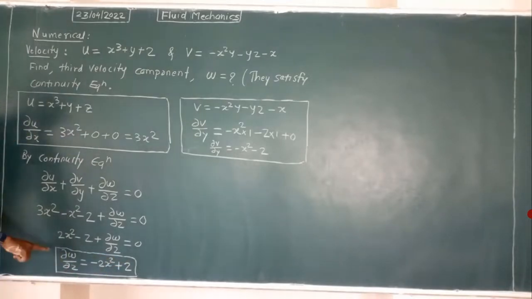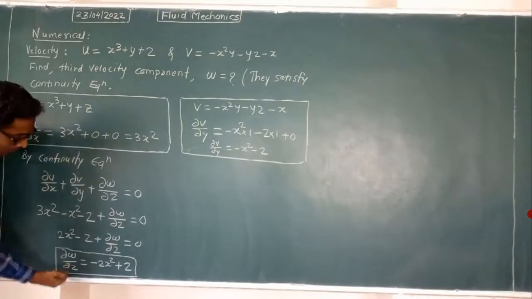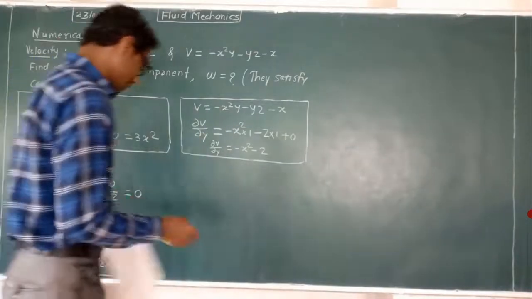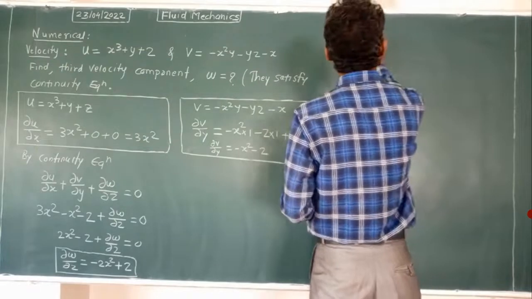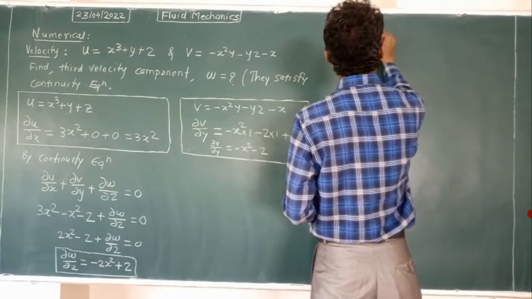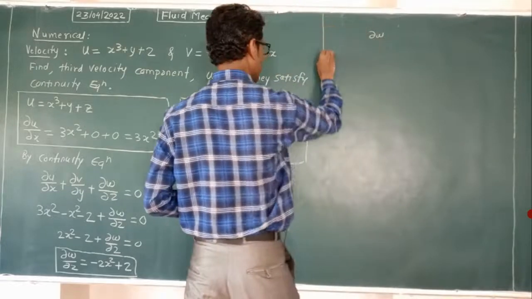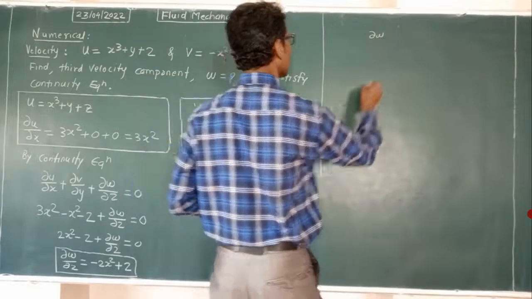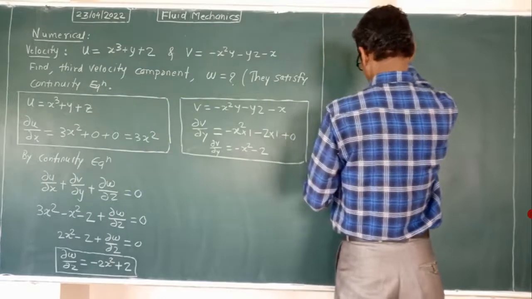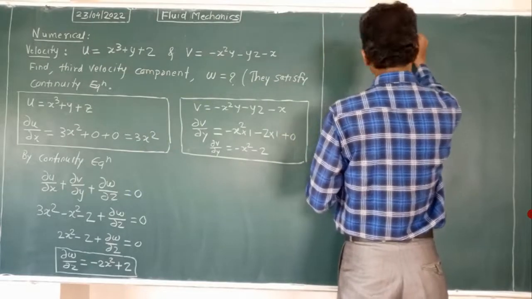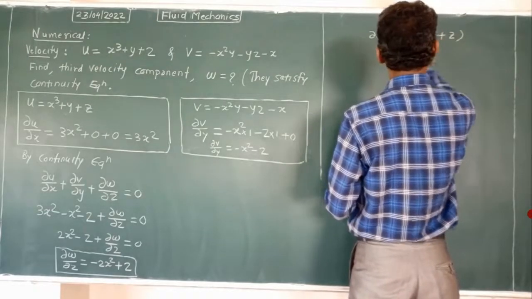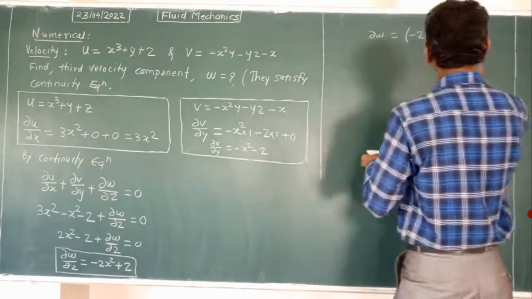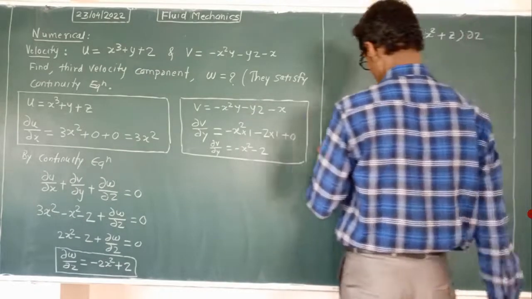Now what do we do? We will separate the variables. Separating the variables means this dou z we will write on the right side. So dou w is equal to minus 2x square plus z, into dou z.